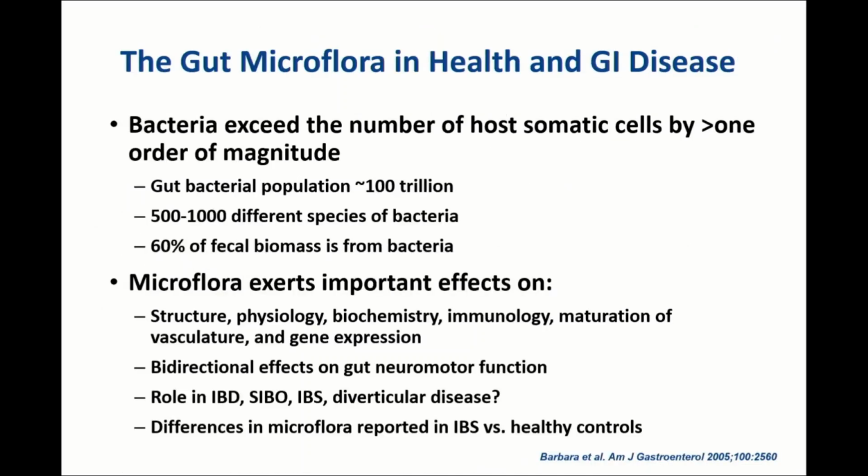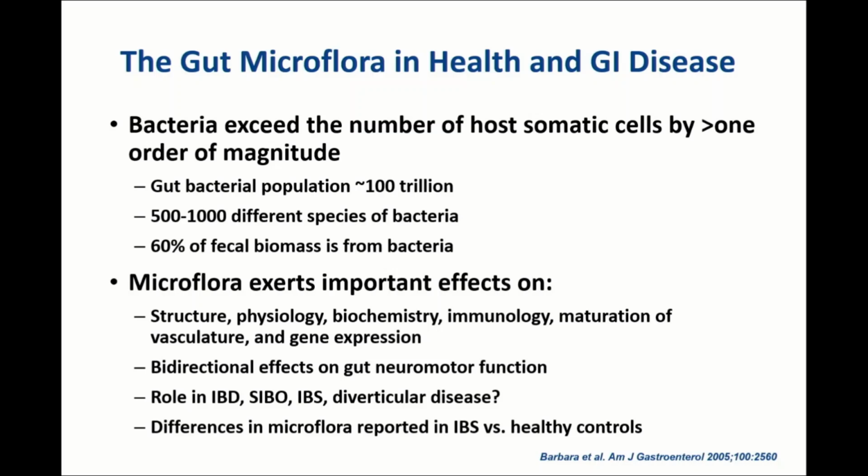The gut microflora in health and GI disease: we know that the gut bacteria population is about 100 trillion. There are 500 to 1,000 different species of bacteria in the gut, and 60% of fecal biomass is from the bacteria. And these microflora exert important effects on the structure, physiology, as well as the biochemistry, immunology, maturation of the vasculature, and gene expression.